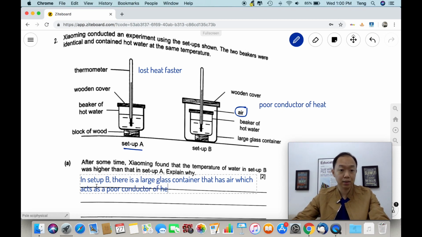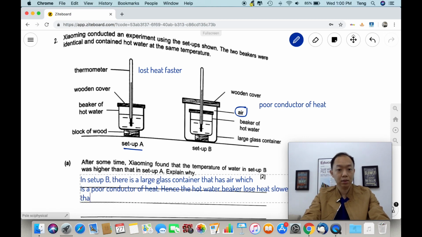Okay, the air is a poor conductor of heat. Hence, the hot water beaker loses heat slower than setup A. Therefore, the temperature was higher.